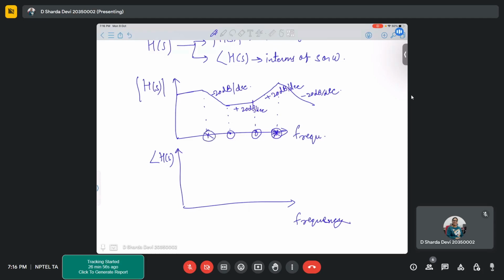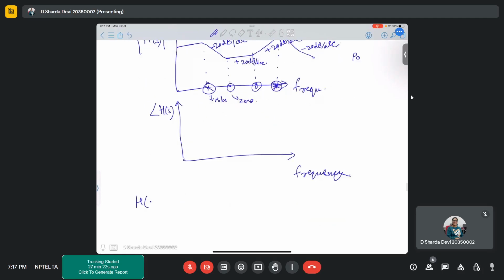Whatever poles and zeros you get, you place them according to their frequencies, and you see how many poles and zeros there are. Each pole corresponds to minus 20 dB per decade slope, and each zero corresponds to plus 20 dB per decade slope. Now, corresponding to this H of s, you will have a certain angle, right?